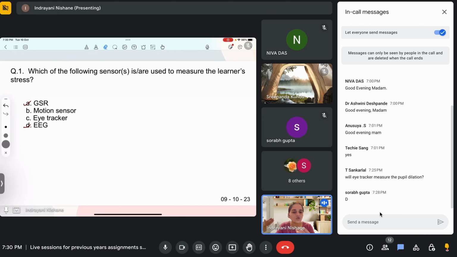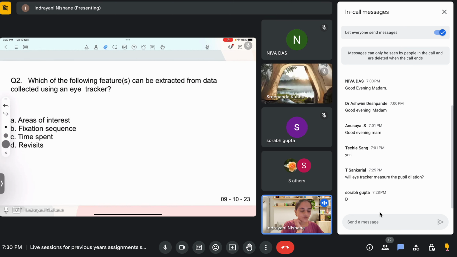We really don't use motion sensors for learning analytics purposes, but we would use posture detection, to be precise, not motion: how our neck is getting tilted or how hands are getting moved. All those things will help in inferring something about learning processes, but not the motion sensors.